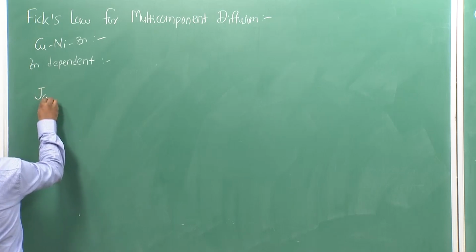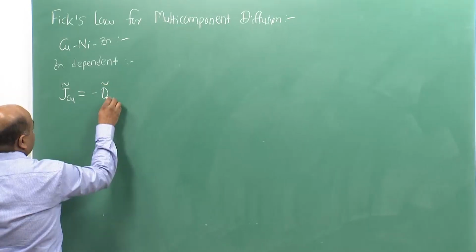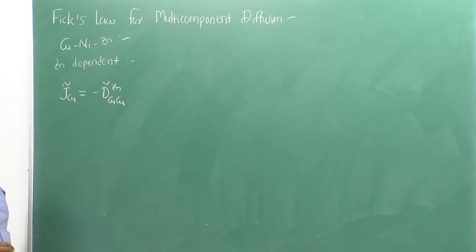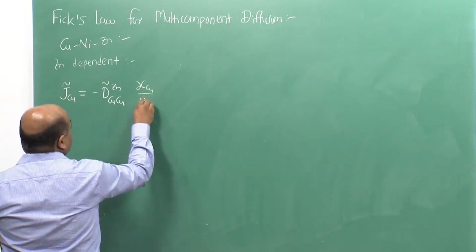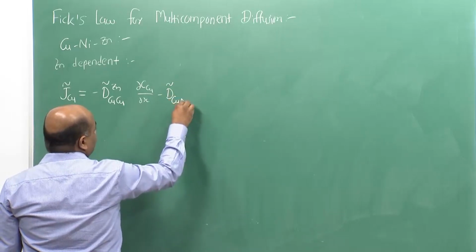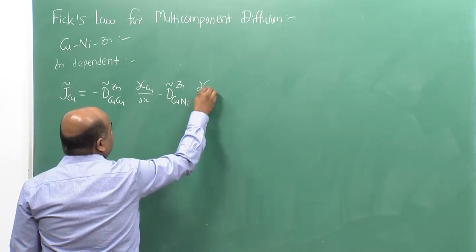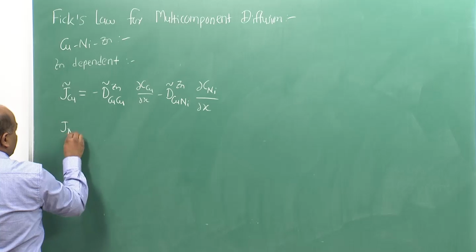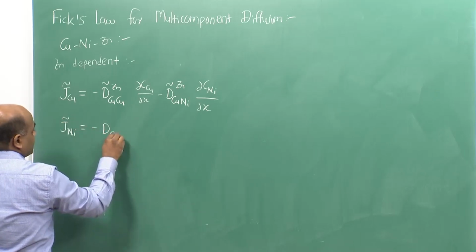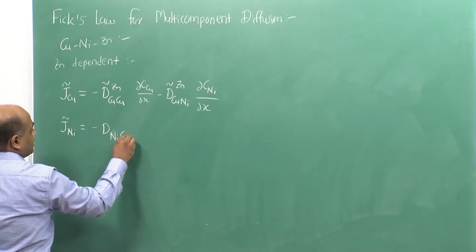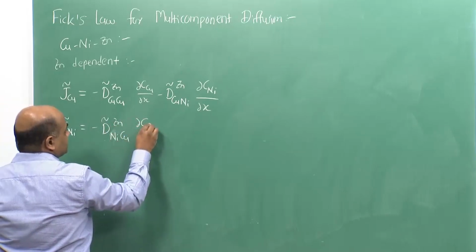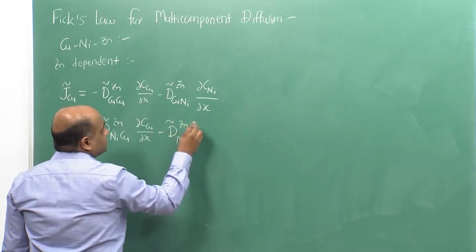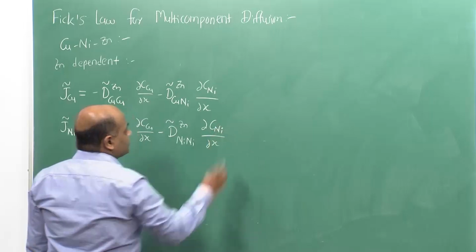So, I can write J_copper~ as minus D~ copper copper, superscript zinc, the superscript refers to the dependent component, times the gradient of copper, minus D~ copper nickel zinc, gradient of nickel, and J_nickel~ should be minus D~ nickel copper zinc ∂C_copper/∂x minus D~ nickel nickel zinc ∂C_nickel/∂x.